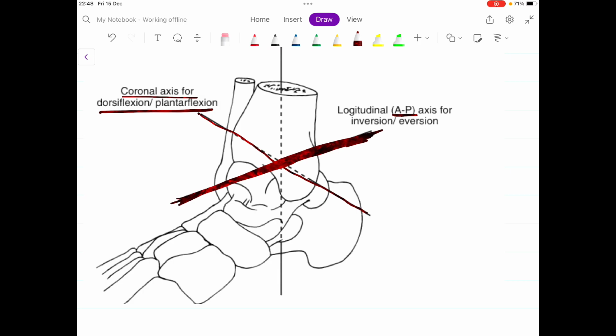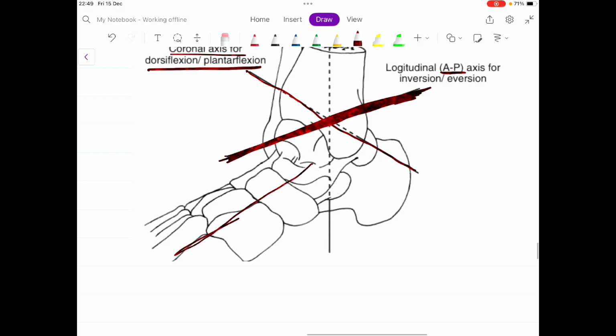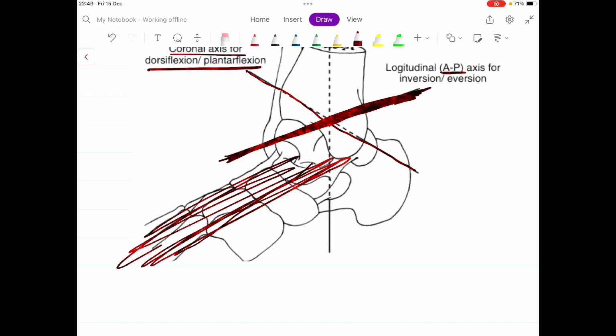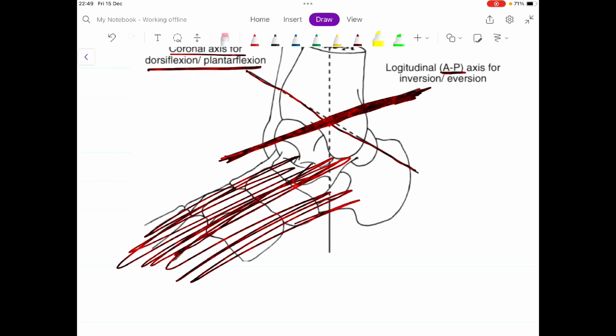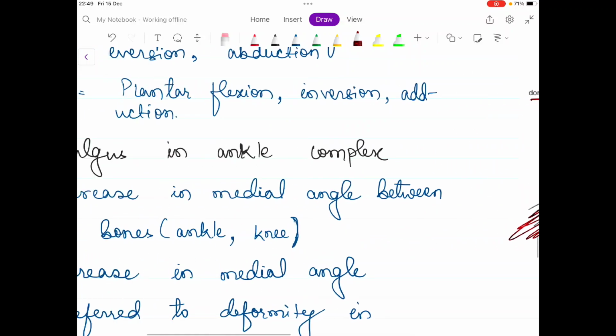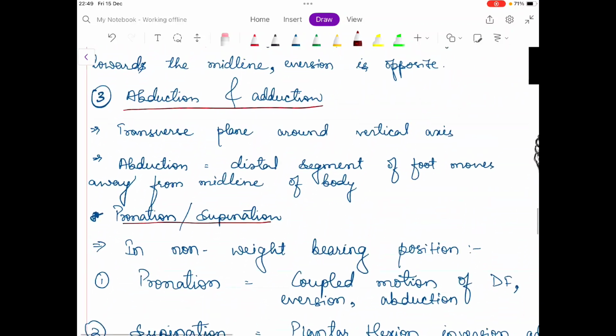As you can see here, this is the length of the foot, and this line is drawn along the length of the foot. This is why I have written here that the longitudinal axis is drawn along the length of the foot.